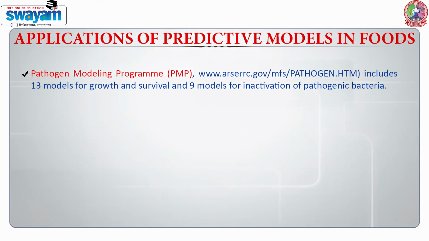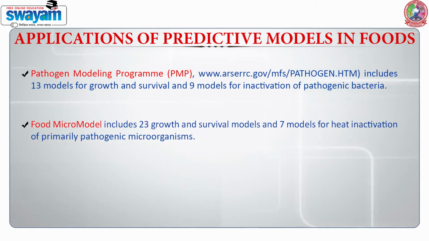The other model which is important is the food micro model, which has 23 growth and survival models and 7 models for heat inactivation of pathogens and various microorganisms which are capable of causing foodborne diseases.